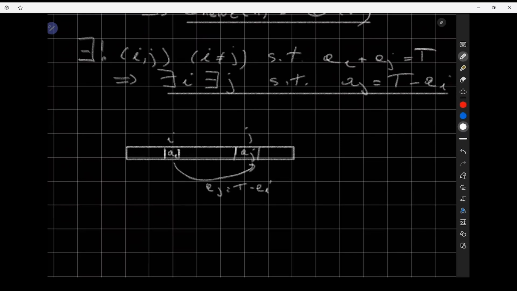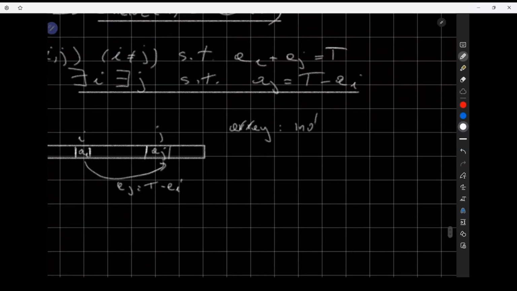Now, from this drawing, we need essentially to keep track, for every element, of what the corresponding index is. So in a way, we're encoding the inverse mapping that naturally an array would encode. A normal array is a mapping from indices to values: given i, it gives me ai.